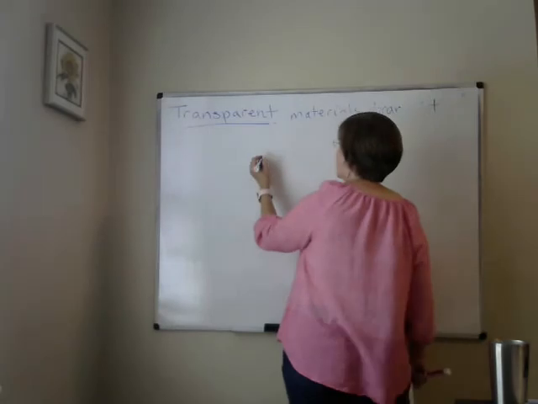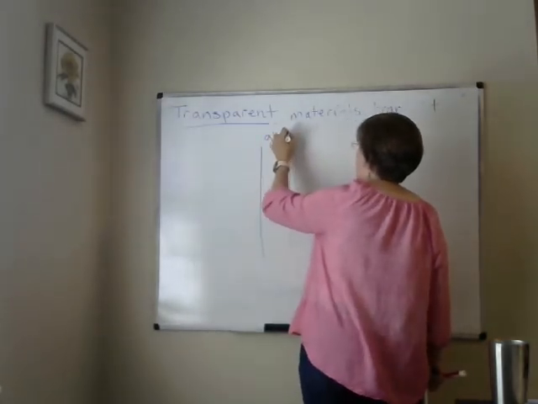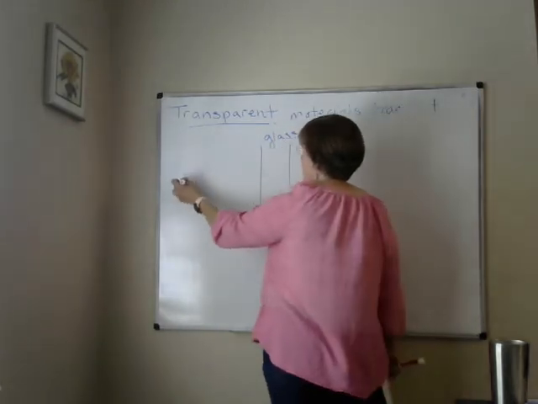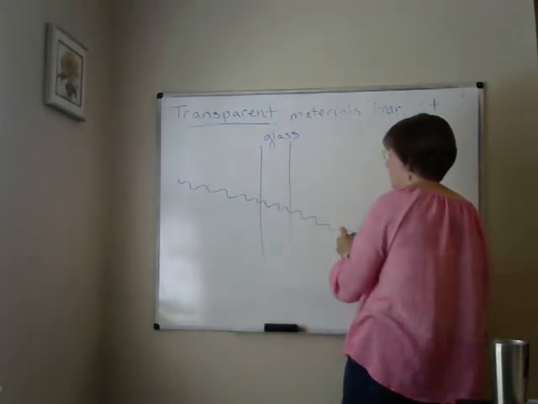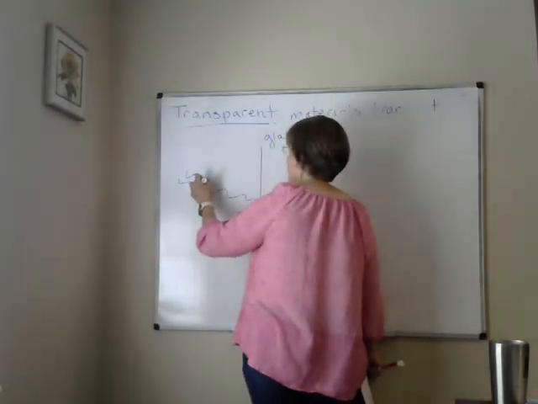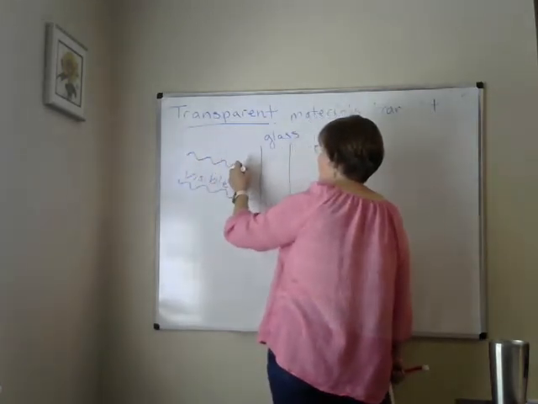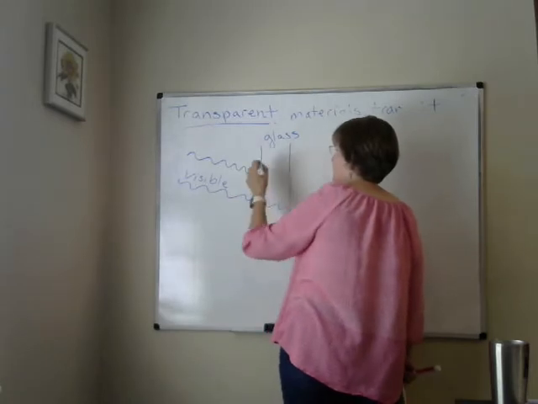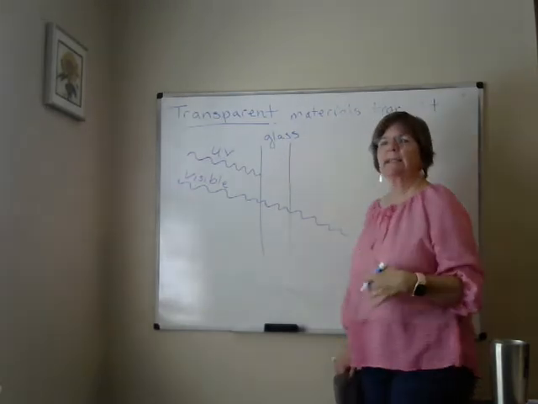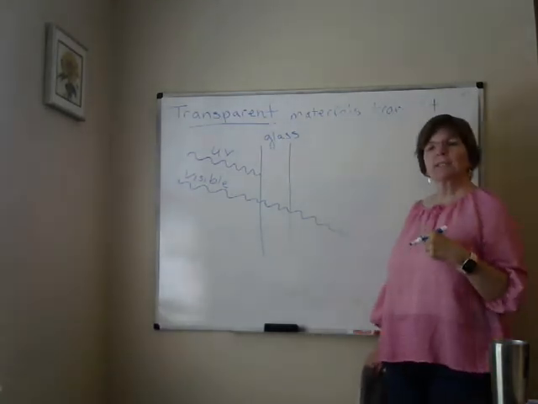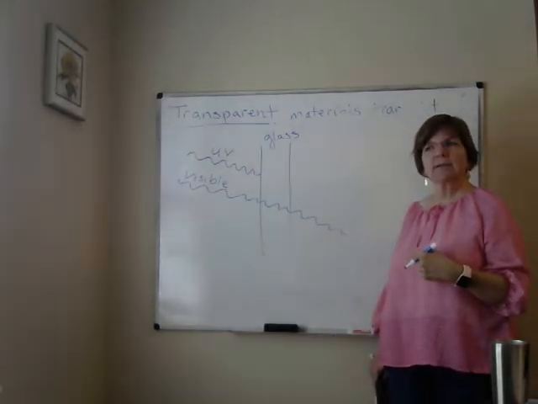We know with glass that if I shine visible light, it manages to shine right on through. If I shine UV radiation, which is going to be a shorter wavelength, it actually gets absorbed, and it gets absorbed because the frequency of UV radiation and the frequency in the molecules of the glass are the same.